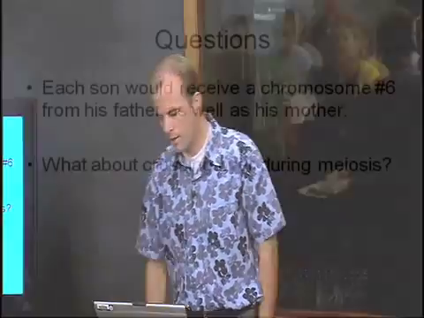So then what about crossing over during meiosis? How might that have affected this situation, if at all? Anybody remember what crossing over is? How about meiosis? Okay, where are the genes located in meiosis?